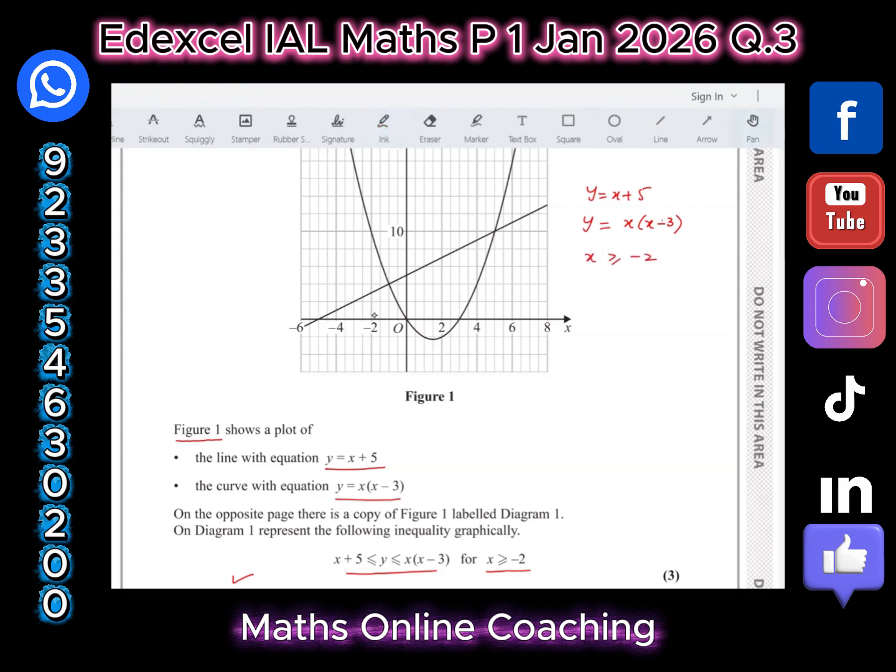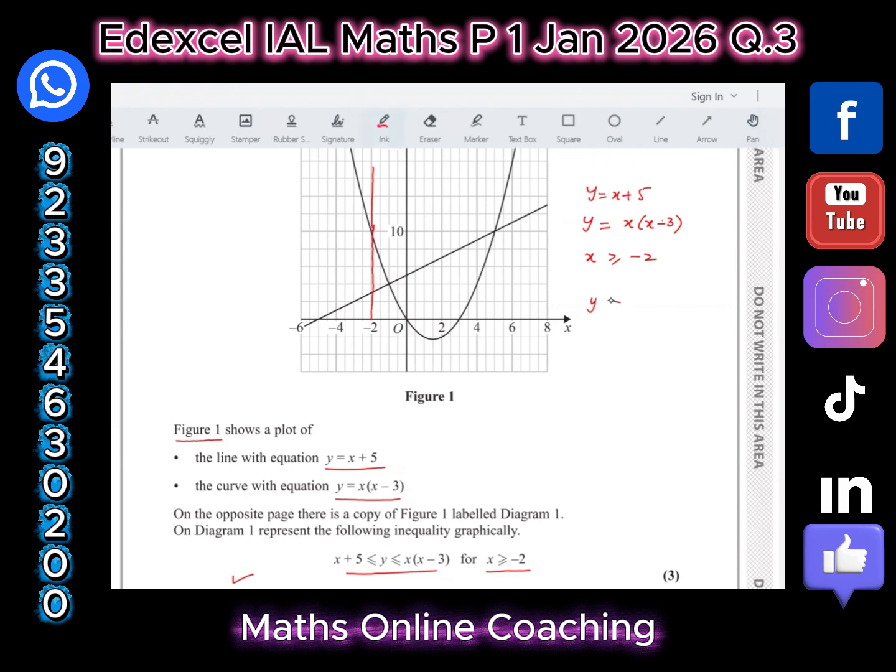So we draw a line at minus 2 which represents x equal to minus 2. This is the line which represents x equal to minus 2. As we have to take x greater than or equal to minus 2, our solution will lie on the right side of this line.